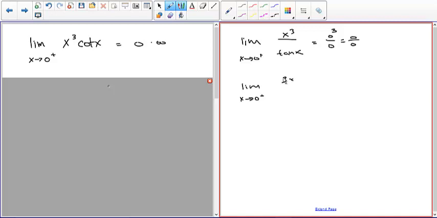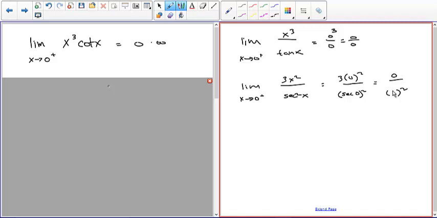You get 3x squared. The derivative of the tangent is the secant squared, not the cotangent. So if we plug in 0, we get 3 times 0 squared divided by the secant of 0 squared. So you get 0 divided by 1 squared.